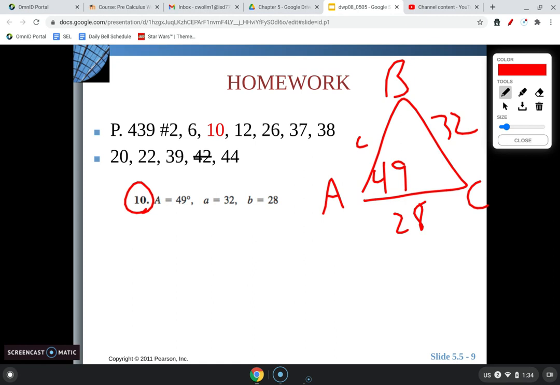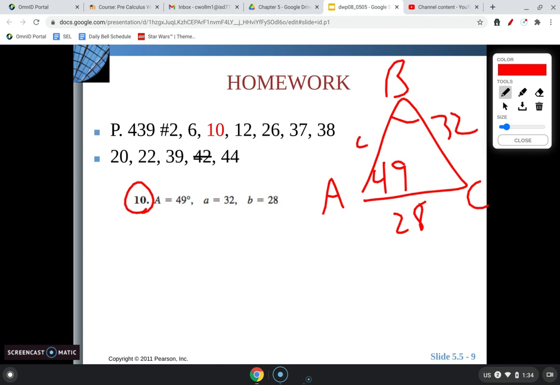Let's find, what do we got here? This is an ambiguous. This isn't, hold on a second. Yeah. All right. Let's find big B first, since that's the one they gave us. It's really the only one we can find.